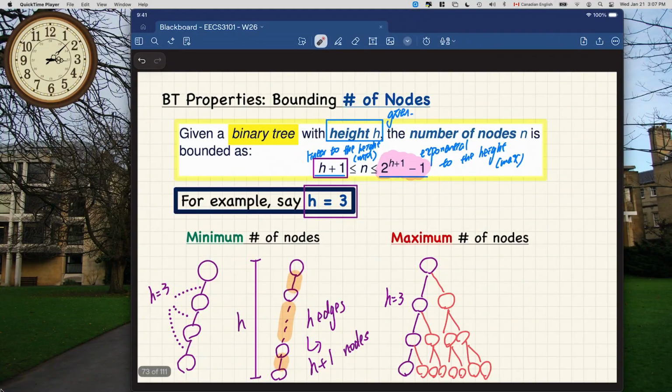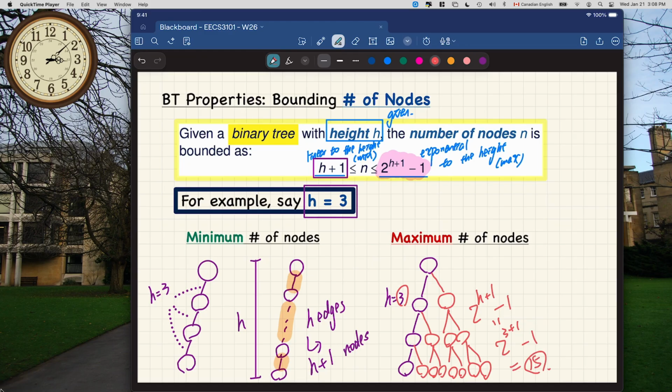So let's verify that. It should be 2 to the h plus 1 minus 1. In this case, it will be 3 plus 1 because we got height equal to 3, and then minus 1. That's 15. You can verify. And then what about in general? In general, I'll just visualize it quickly.